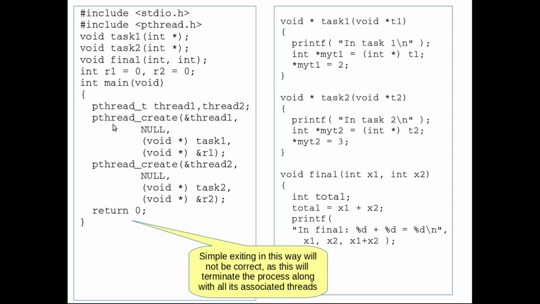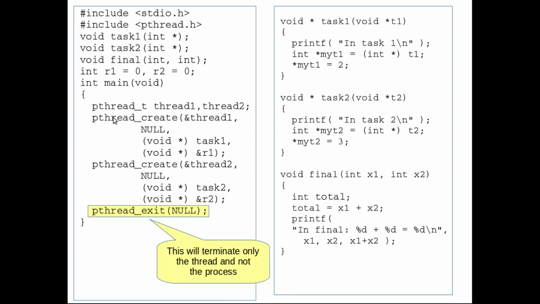So not only the main thread will be terminated, even the process will be terminated, and when the process terminates, the 2 threads will also be terminated, which means the 2 threads may not get the chance to execute. So this is not the correct way to exit the main thread.